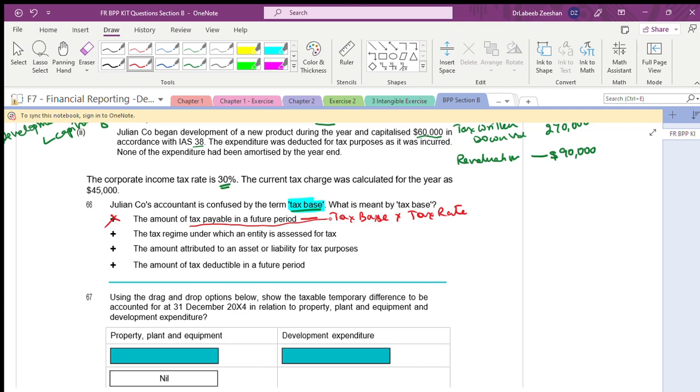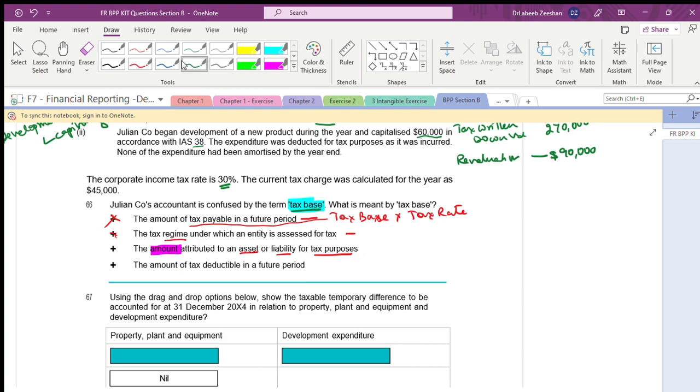The tax regime under which an entity is assessed, it is a regime. We are not talking about that. We are talking about what is the base, what is the value. Again, we are not talking about the tax regime when we are going to assess. The amount attributed to an asset or liability for tax purpose. Here they have mentioned very clearly the amount.